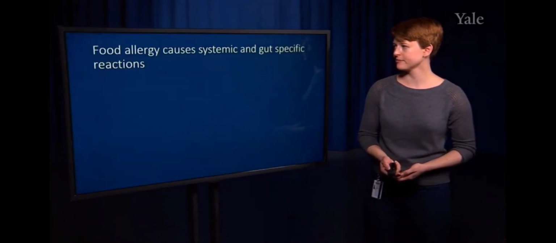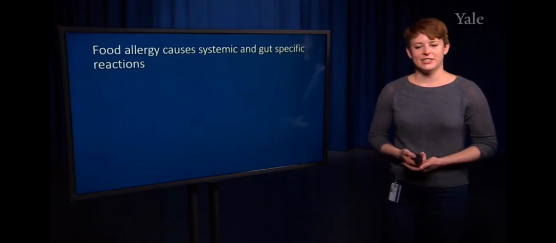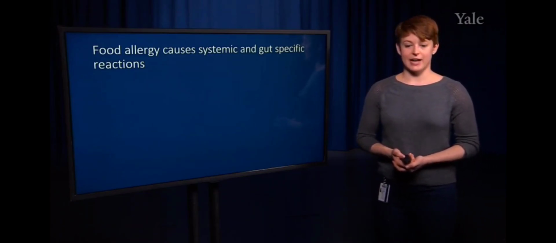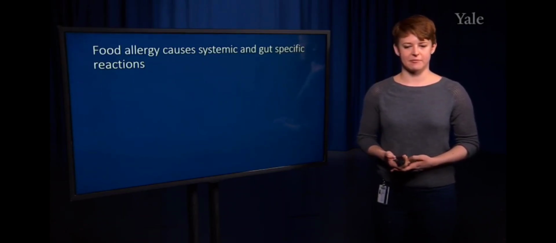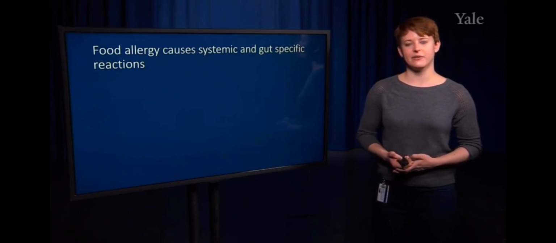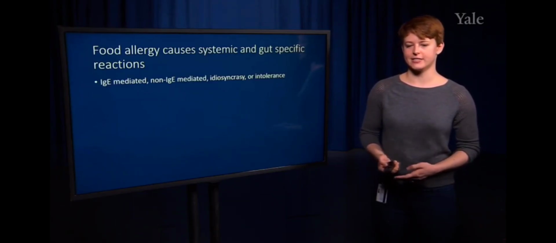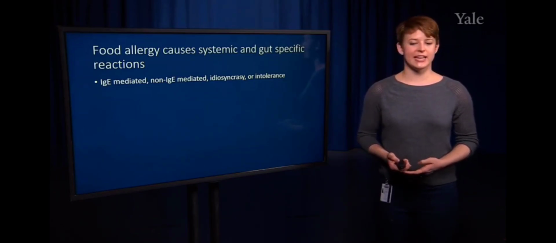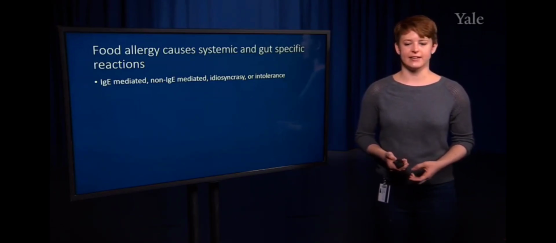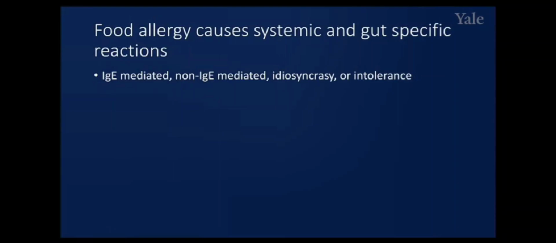So now we're going to switch gears a little bit and discuss food allergy. So food allergy has some of the same systemic symptoms, but there are a few other gut-specific reactions as well. And food allergy can be IgE-mediated, non-IgE-mediated, or it can be categorized as an idiosyncrasy or a food intolerance.